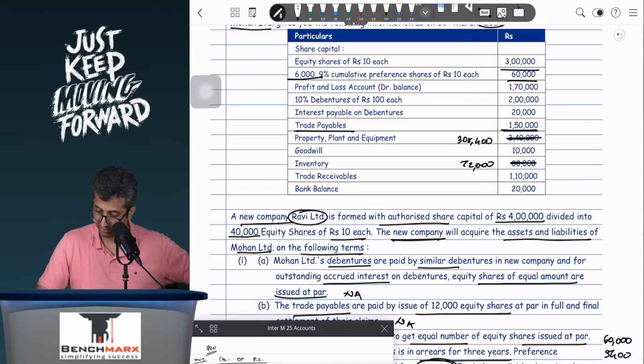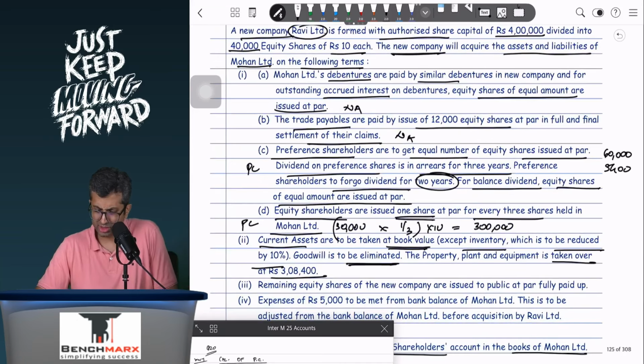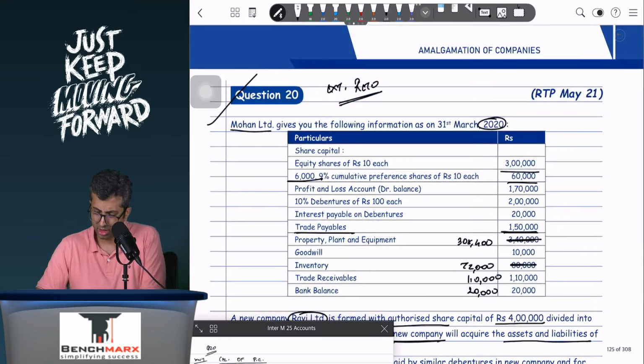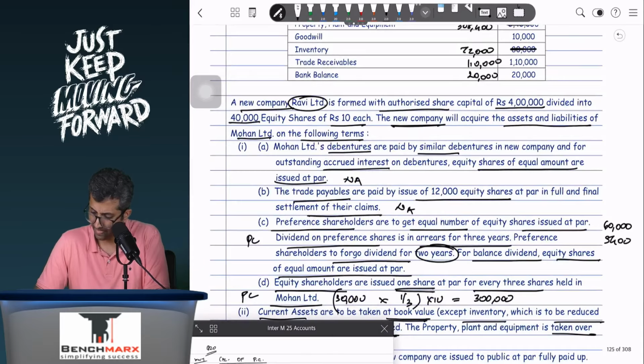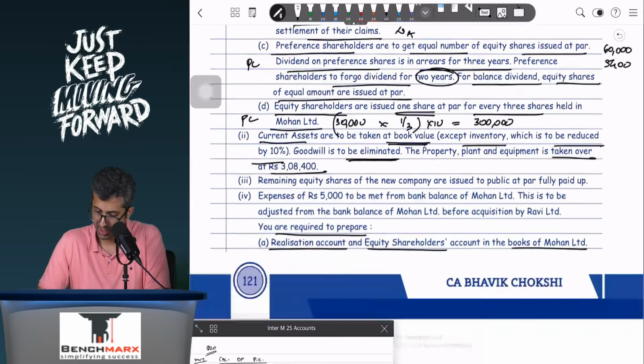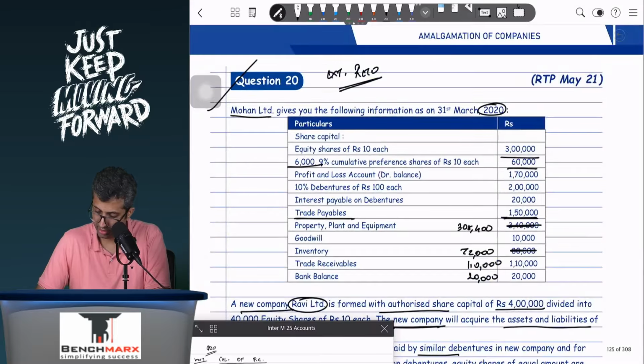Other current assets at book value. So this is 1,10,000. This is possibly 20,000. Okay, we'll see that. Goodwill is to be eliminated, so this will become 0.